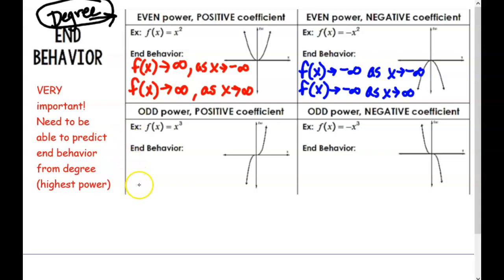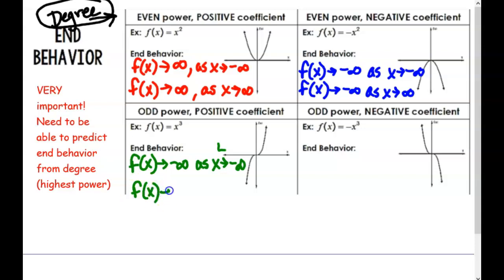All right, then they get a little more complicated because we have to very carefully, if I'm going to do the left side first, okay, as x goes to negative infinity, that means left. What is this doing on the left? As I go further and further left, it's going down, right?